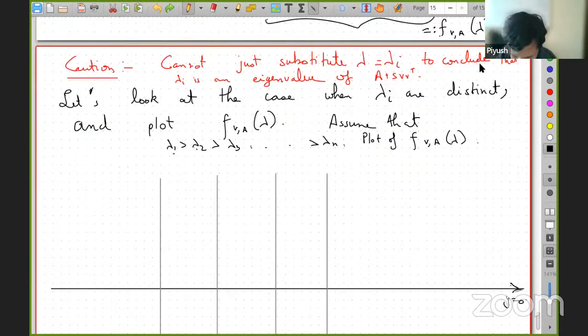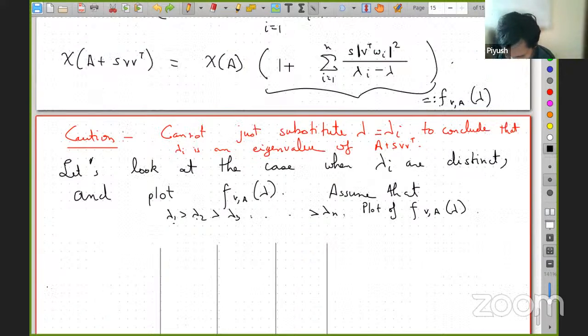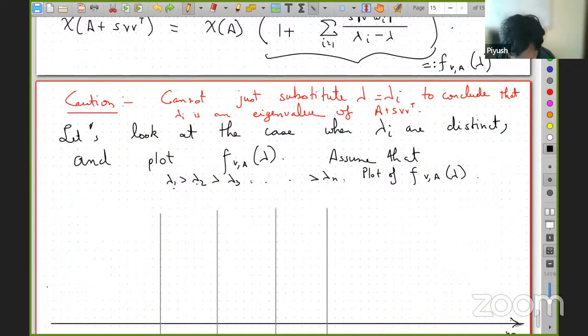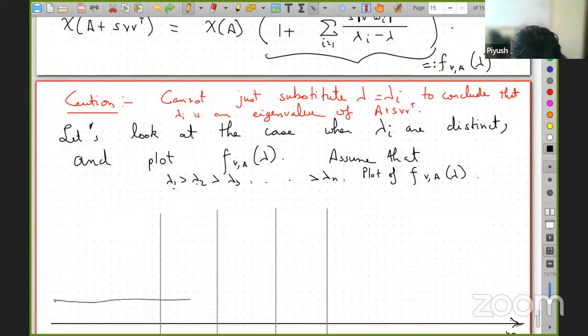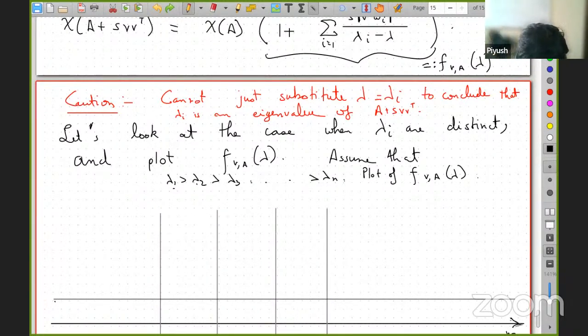So what happens here? At lambda equal to infinity, what is it? It's not 0, it's 1. So the curve looks like this. As it comes closer to lambda n, it goes to infinity. How does it behave in between?